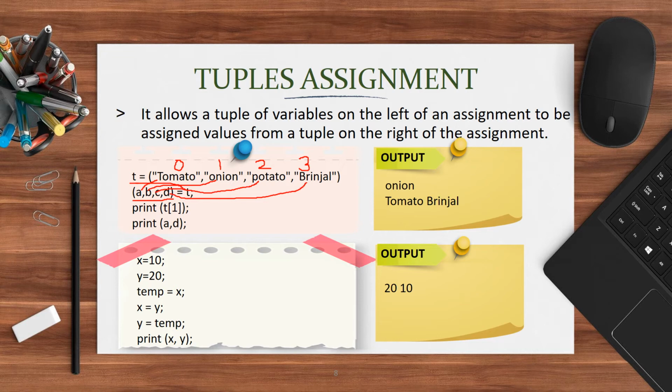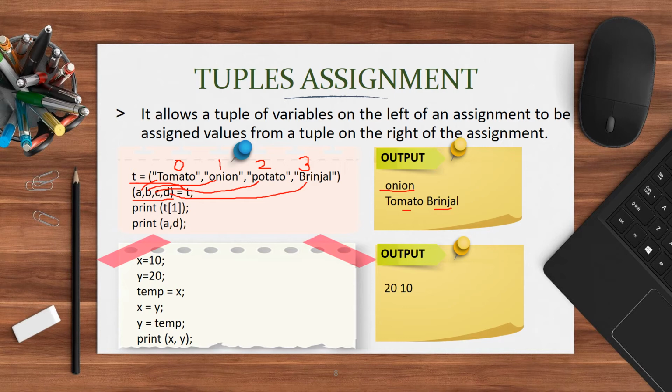If I print t of 1, what is t of 1? The t of 1 is onion. So the onion value gets printed. The next is, I am going to print the a and the d value. What is the a value? The a value is tomato and the d value is brinjal. So tomato and brinjal will get printed.